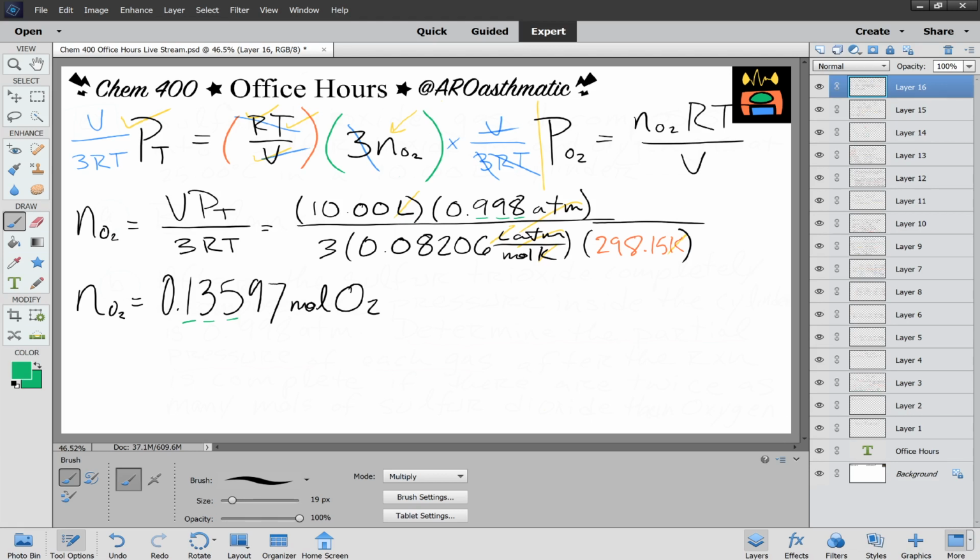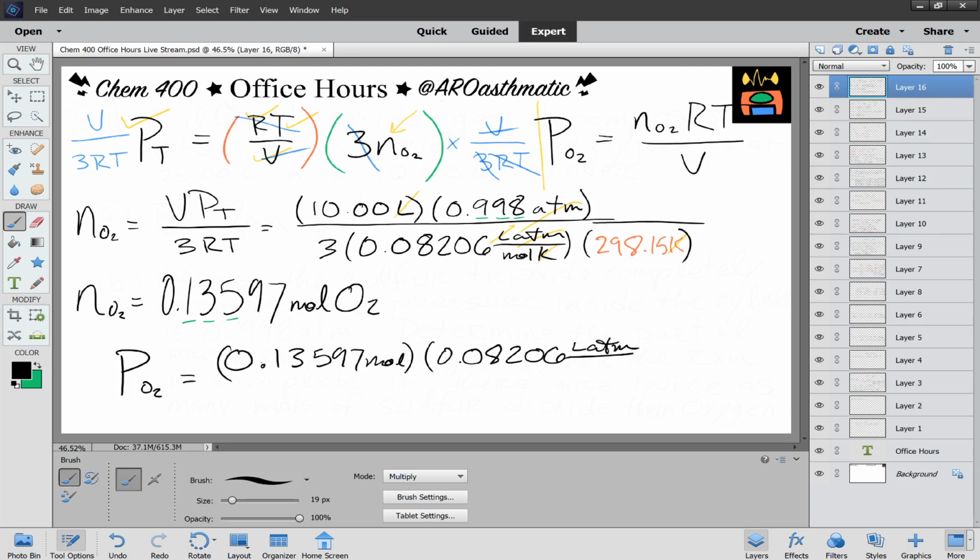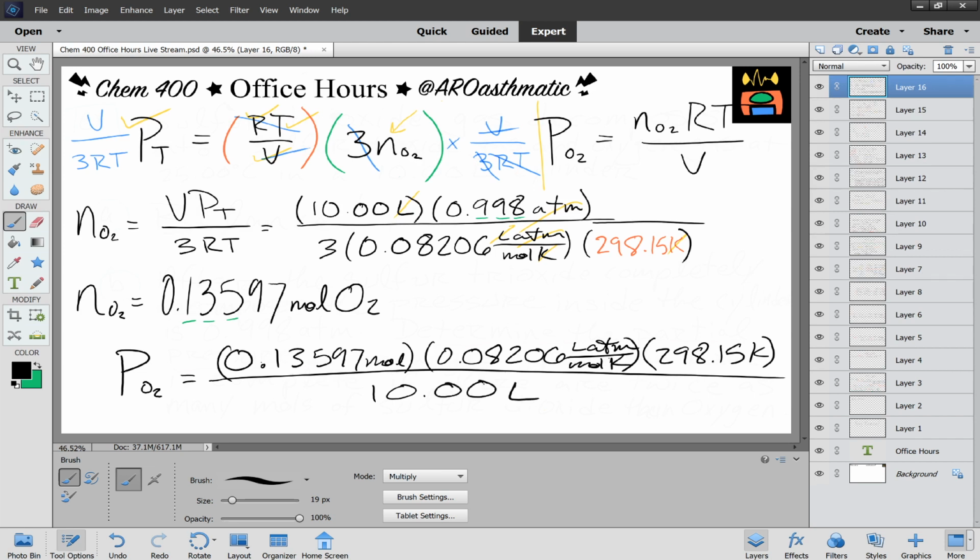Now that we know how many moles of O2 we have inside this mixture, we can get a value for the partial pressure of oxygen by multiplying 0.13597 moles times the ideal gas constant, 0.08206 liter atmospheres per mole Kelvin, times our temperature, 298.15 K, divided by our volume, which is 10 liters.